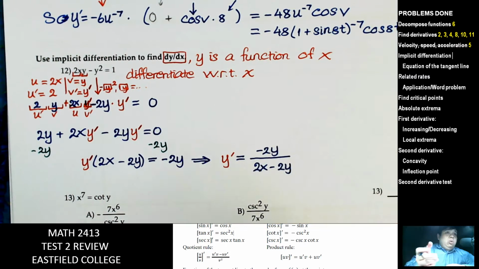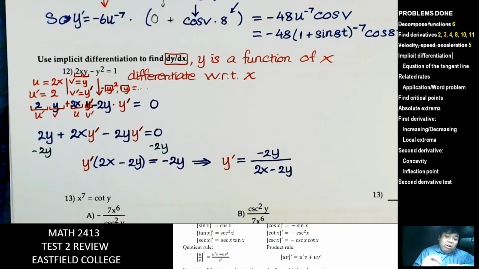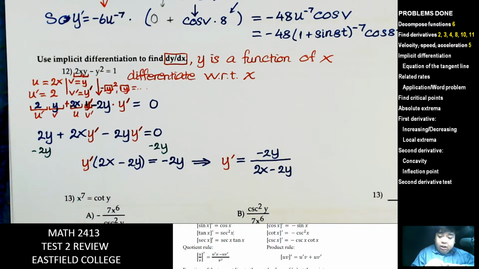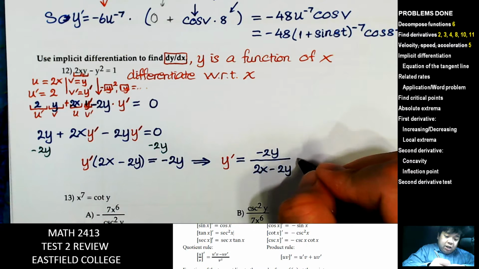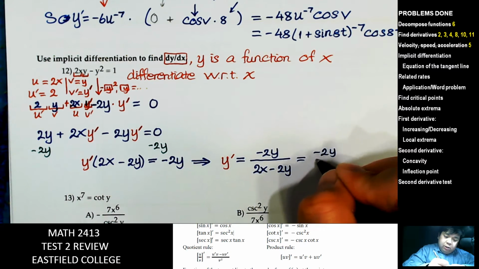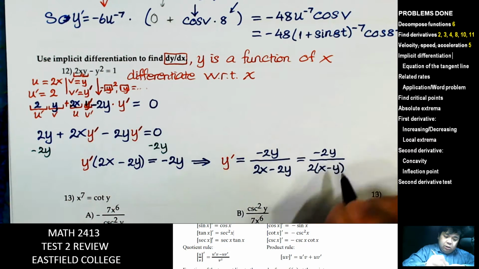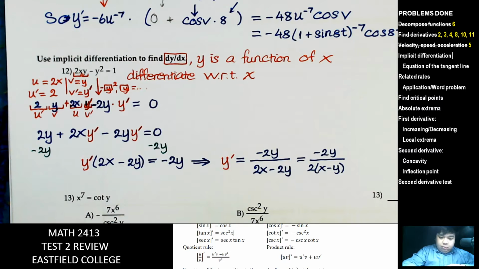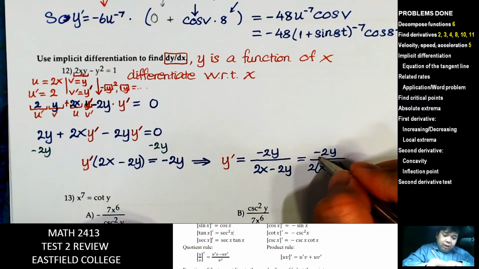Right. We can leave the answer like that, which is perfectly fine. Or we can also factor out the 2 and cancel out the 2.